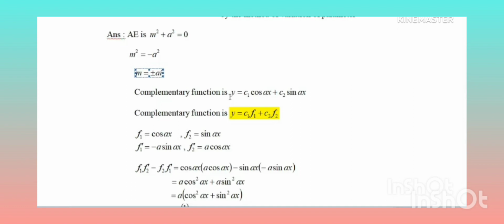In this way you write the complementary function when the roots are complex. Here alpha is 0 and beta is a. So the complementary function is y is equal to c1 cos ax plus c2 sin ax.